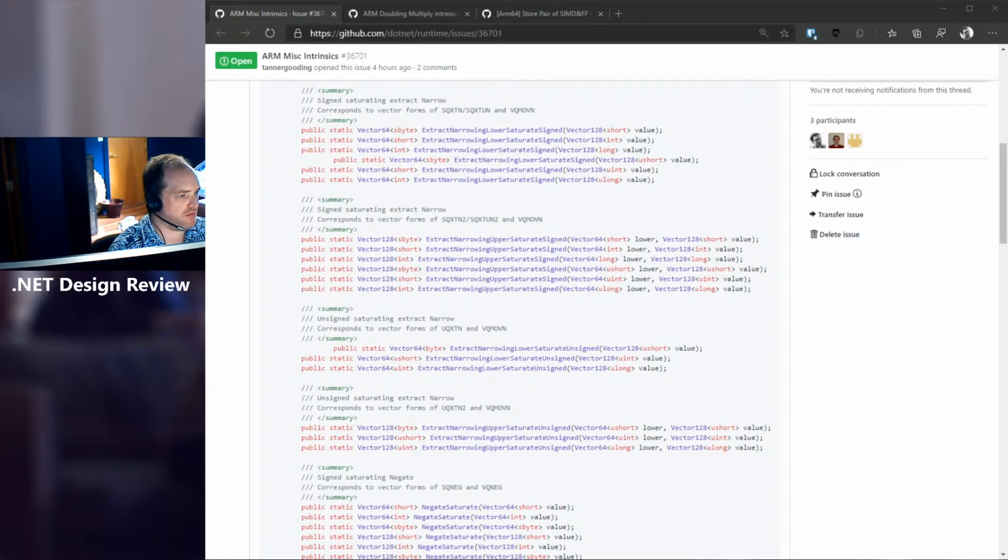In this case, instead of storing in the upper half, it is extracting the upper half. Well, I don't think it extracts from the upper half. It extracts the whole vector.